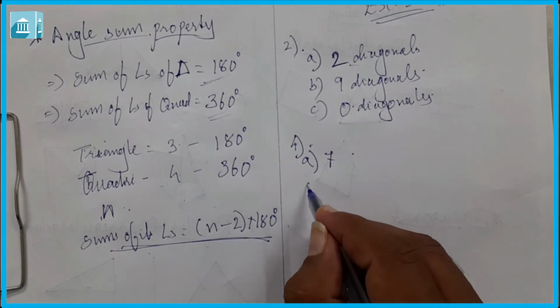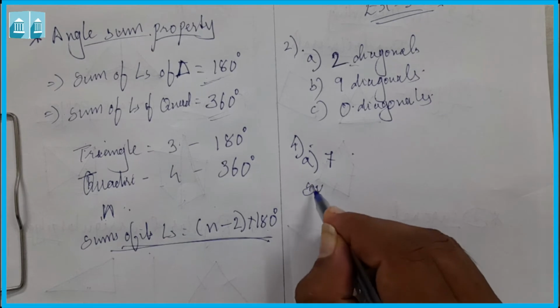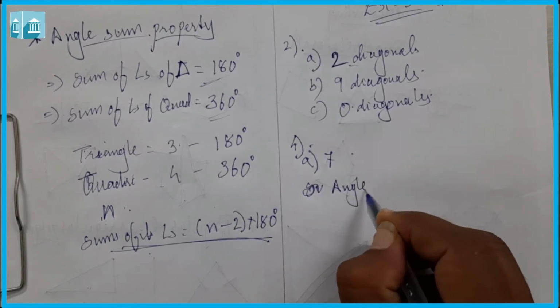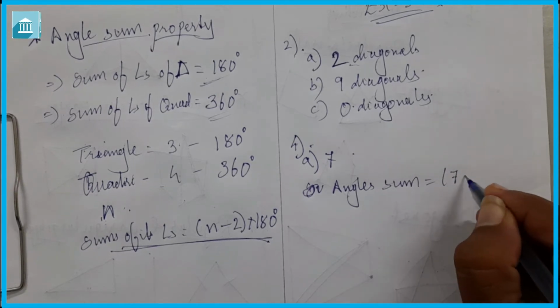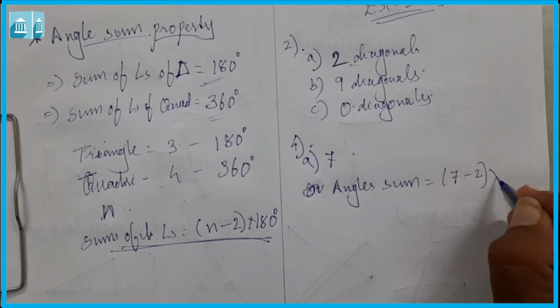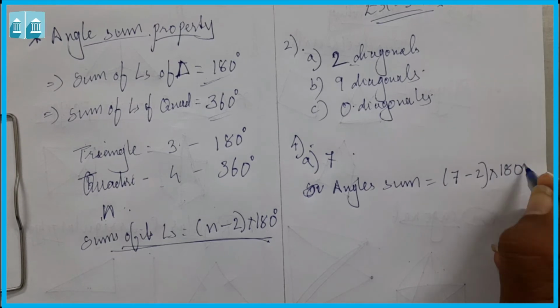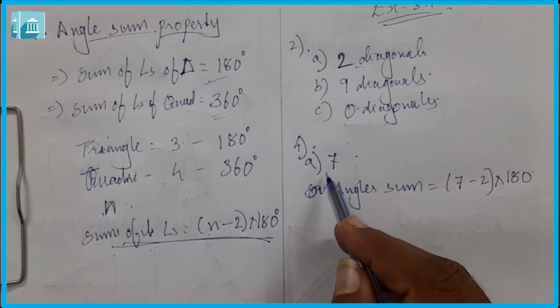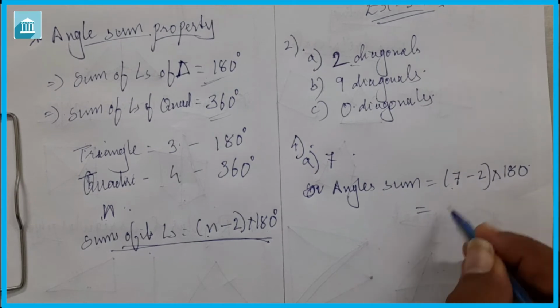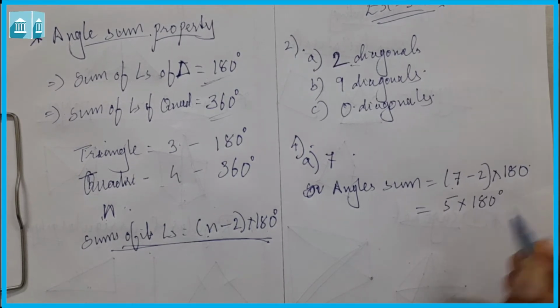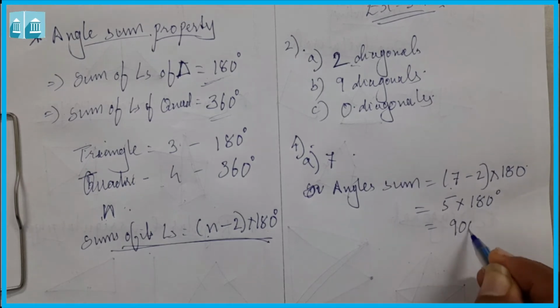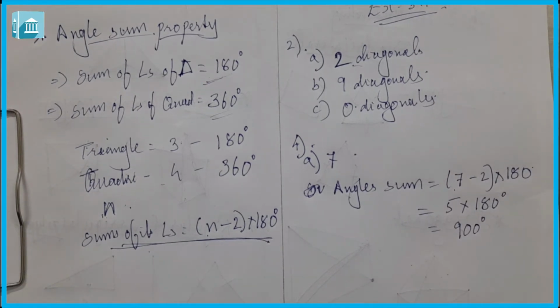So the angle sum is equal to 7 minus 2 into 180 degrees, as we had done here, n minus 2. 7 minus 2, that is 5 into 180 degrees, which is equal to 900. So if the number of sides is 7, then its angle sum is equal to 900.